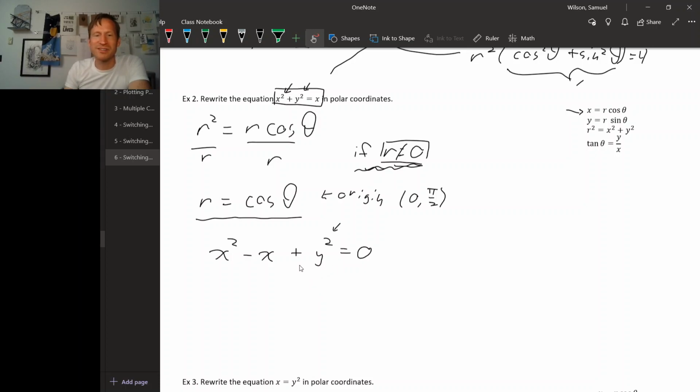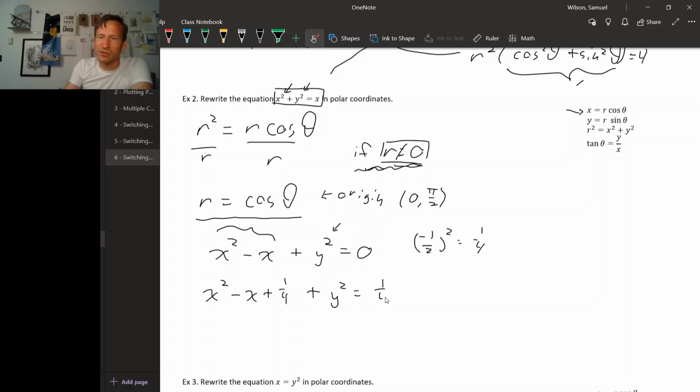So let's complete the square for our x coordinates. Remember the recipe is you take your linear coefficient, which is -1 here, divide that by 2, square that, so that's 1 over 4. So we'll add 1 over 4 to both sides. So x squared minus x plus 1 over 4 plus y squared equals 1 over 4.